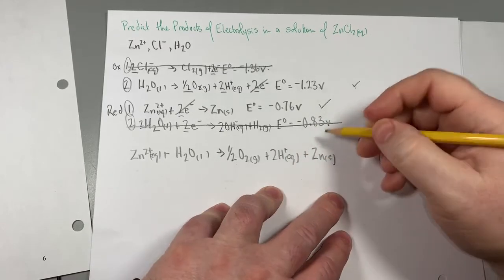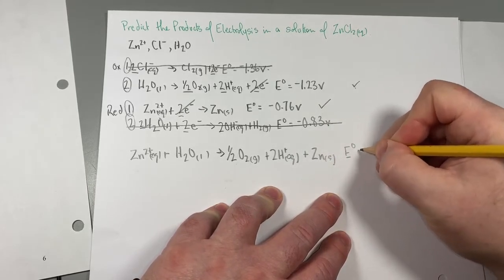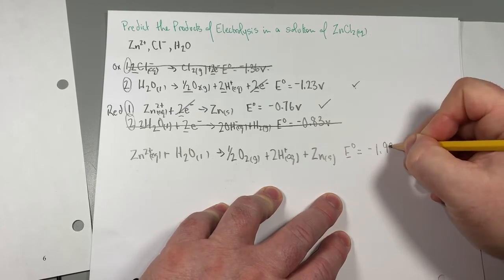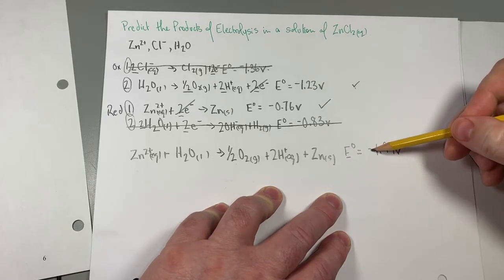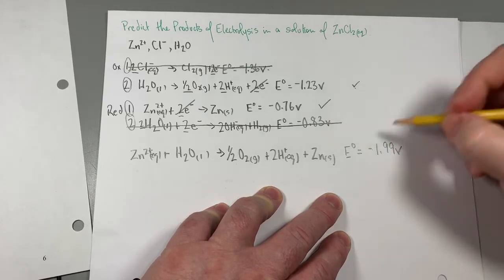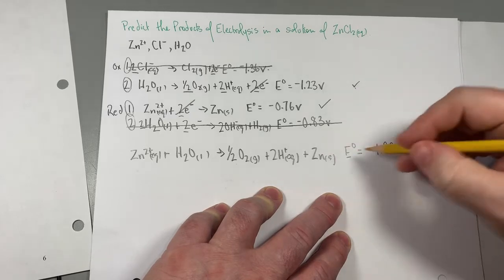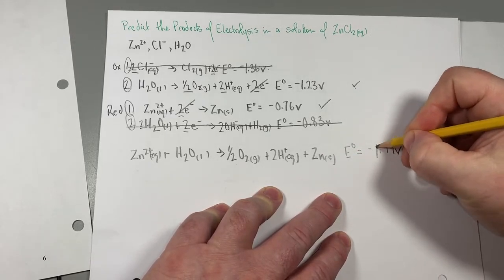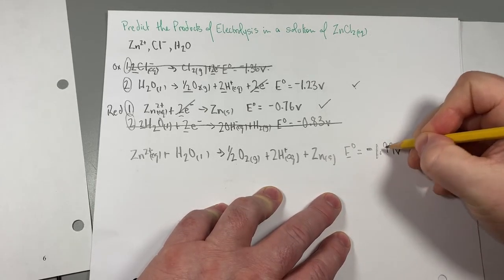When I add the potentials together, E naught is negative 1.99 volts, which indicates an electrolytic cell, a negative potential. Voltage has to be provided, and if I provide slightly more than 2 volts to this cell, it will cause it to undergo the non-spontaneous reaction. I will have an electrolytic cell when I provide negative 1.99 volts.